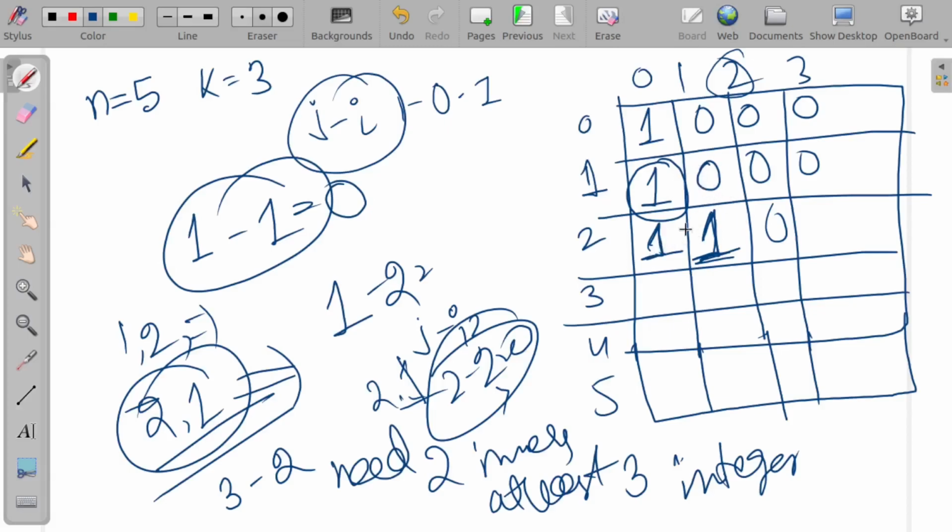So 1 plus 1, that is 0, so that is 1. So then after that, what value has come there? That is 0. So after that, j is 3 minus 2, that is 1.